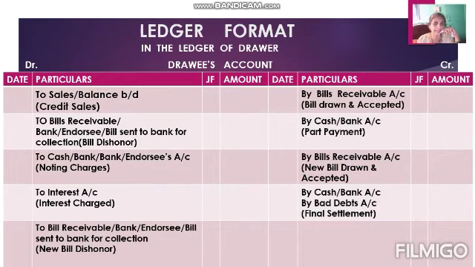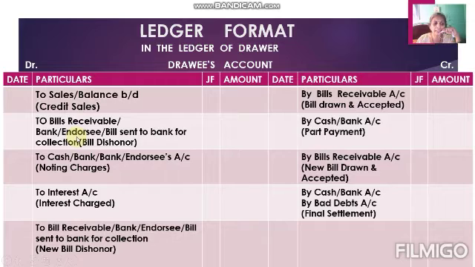After that, next is serial number 5, that is dishonor of the bill. Check the entries in the books of drawer. The first entry is retained bill dishonor: drawee's account debit to bills receivable account. Next is discounted bill dishonor: drawee's account debit to bank.